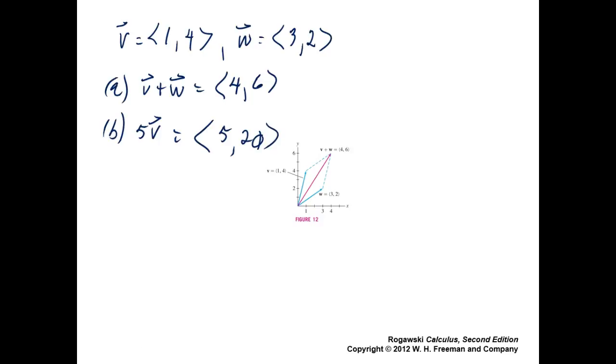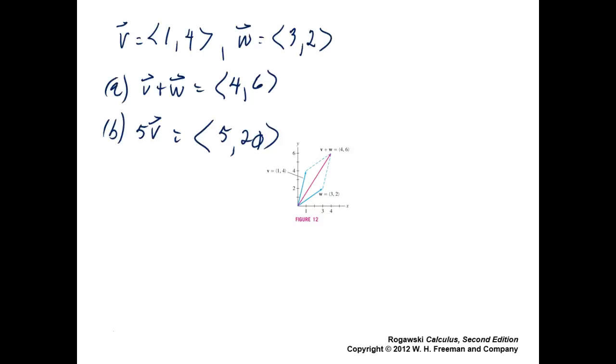Okay? Now, they illustrated here the sum that we did, 4, 6. Here, vector V, 1, 4. Add to that 3, 2. You can either put it up here or whatever.